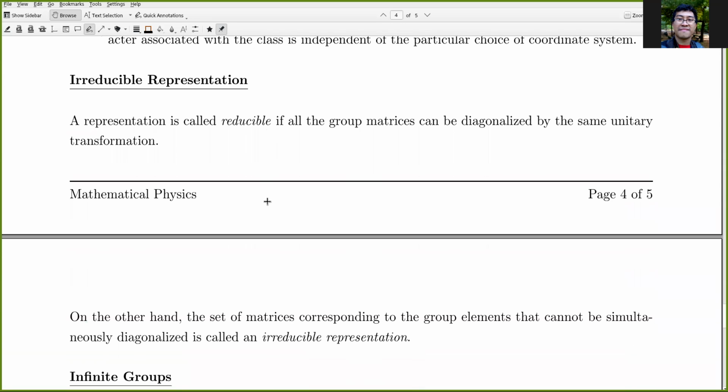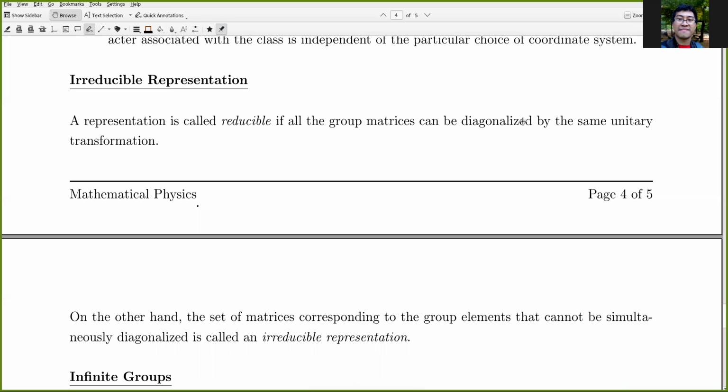Now for any group element representation, it's reducible if all of the group matrices can be diagonalized. So we apply diagonalization. You take the eigenvalues, and the eigenvalues would be the elements on the diagonal.